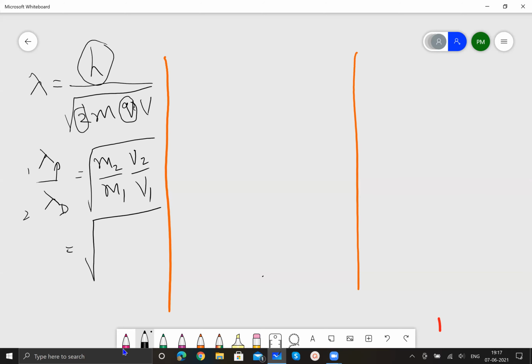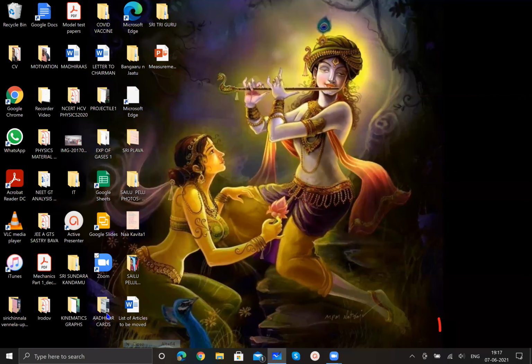Mass of neutron, how much? 2 mH. Mass of proton, mH. What is the ratio of voltages? It is root 2 is to 1, correct? So it is 1 by root 2. Therefore, you will get root of root 2.